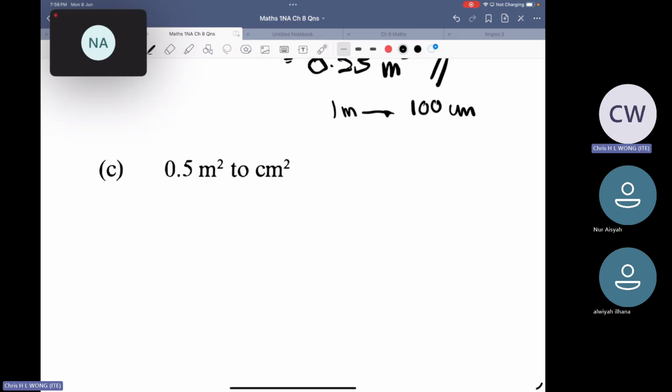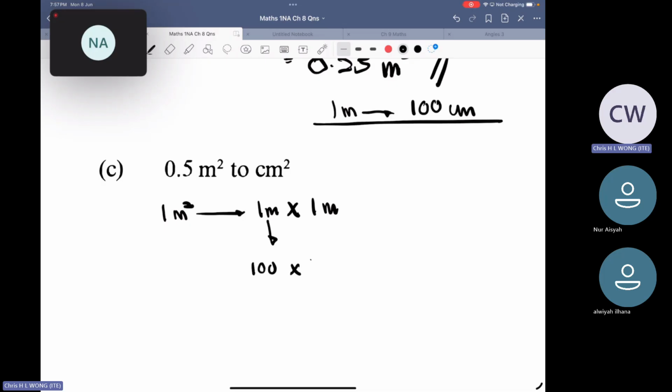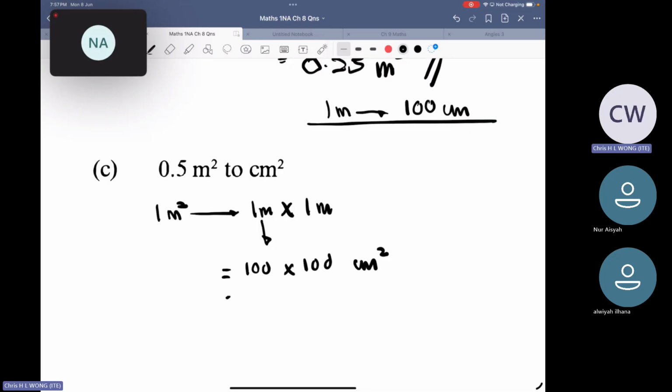Now you have 1 meter square, which will give you 1 meter times 1 meter. So from here, 1 meter gives you 100 times 100 centimeter square. That will give you 10,000 centimeter square.